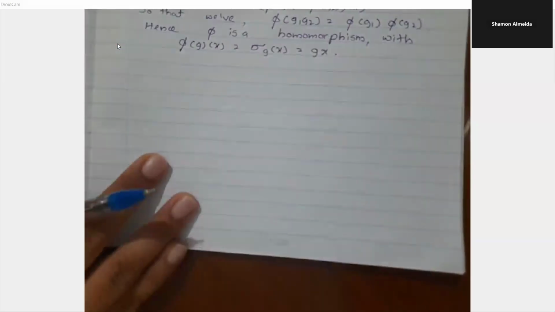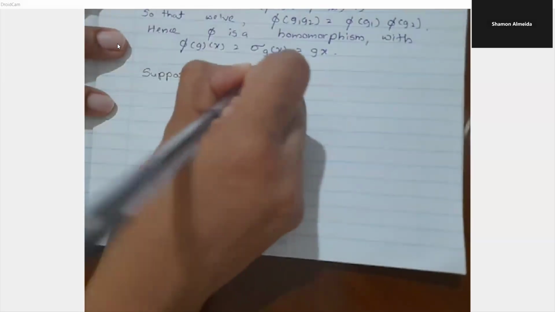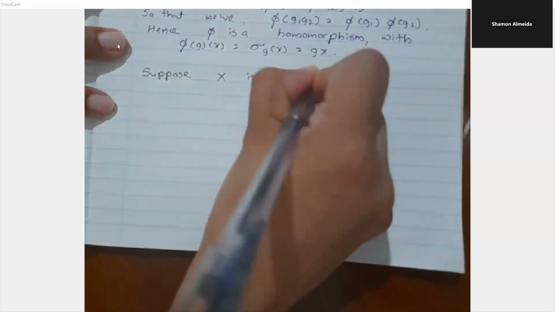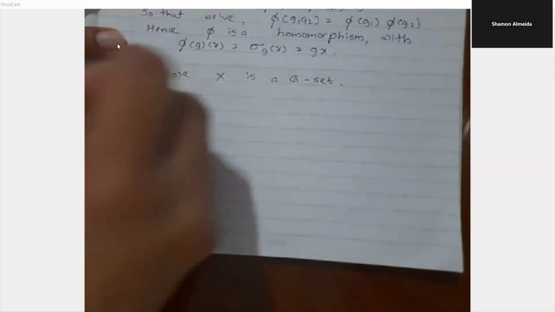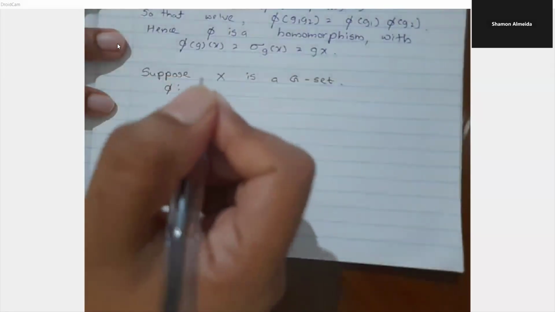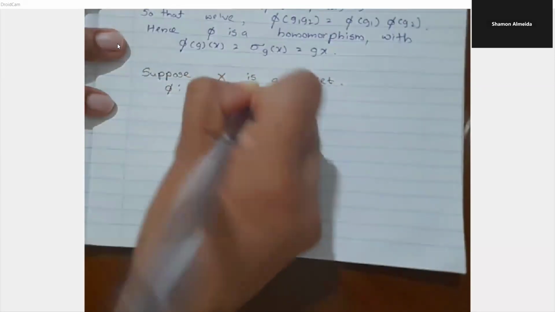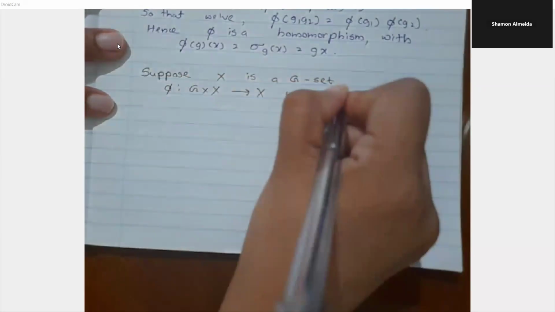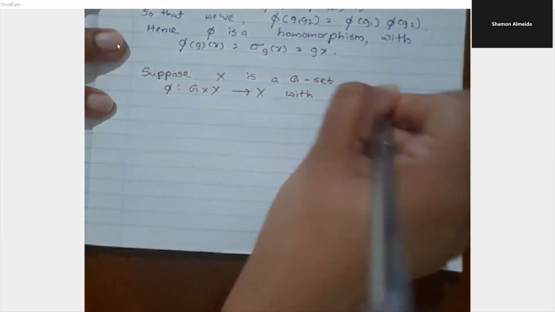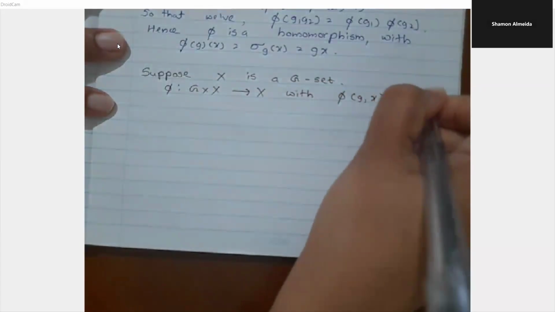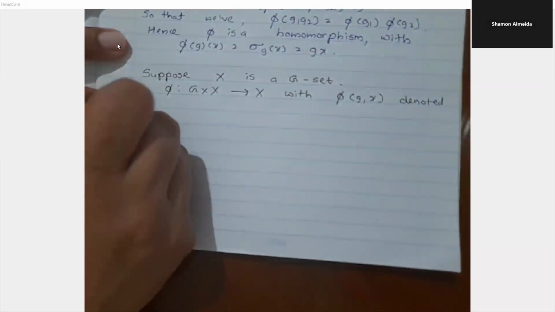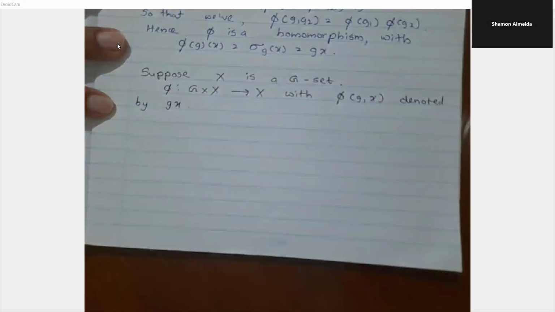Let's take a look at this one. Suppose X is a G-set. What does it mean? G acts on X. So let's take the group action to be, in the usual notation, phi from G cross X to X with phi of (G, x) denoted by Gx.